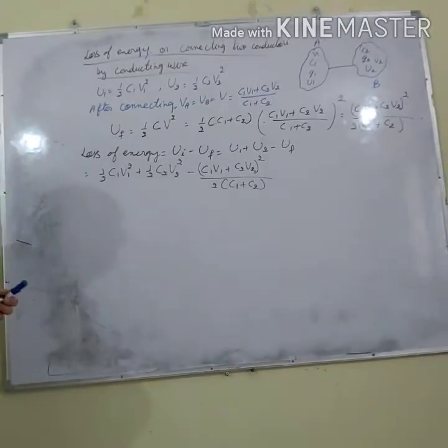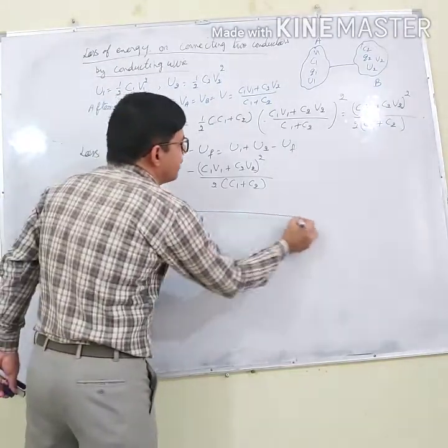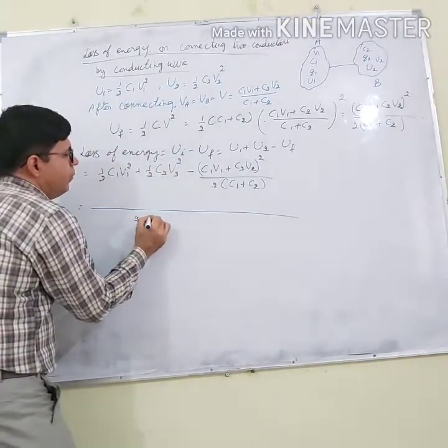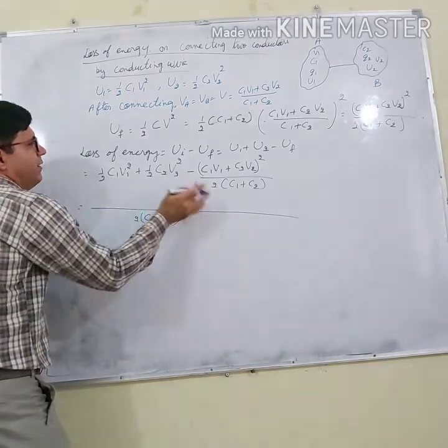Right, students? Now let's solve this. It will be lengthy, but we have to solve this. We don't have any other option. The LCM is 2(C1 plus C2). Simply multiply this.